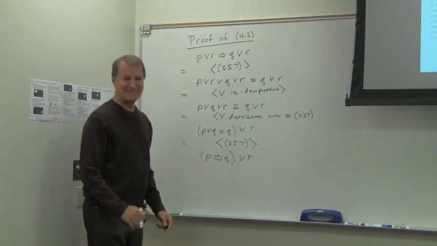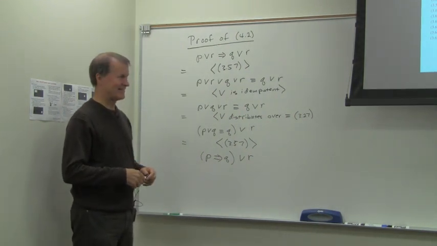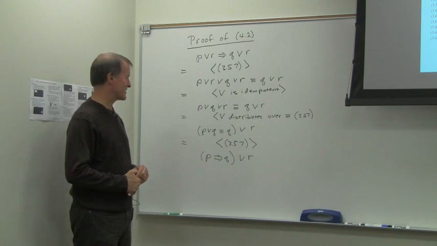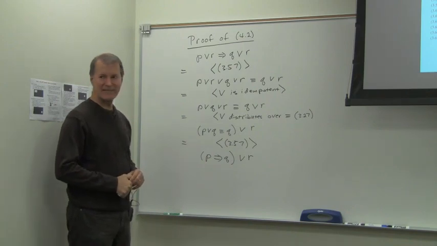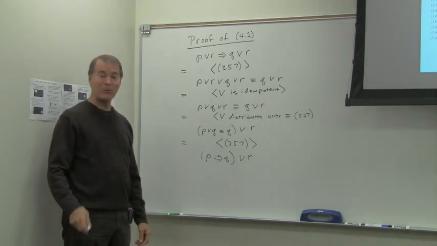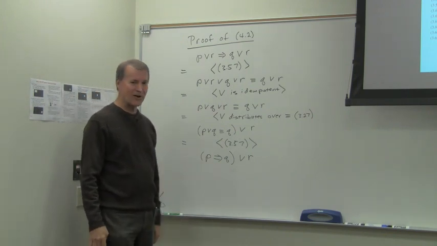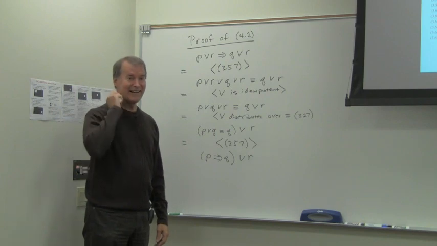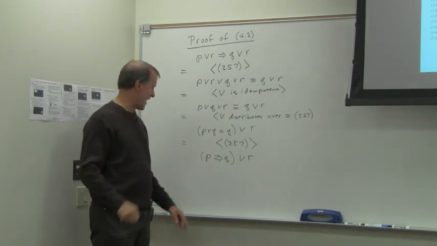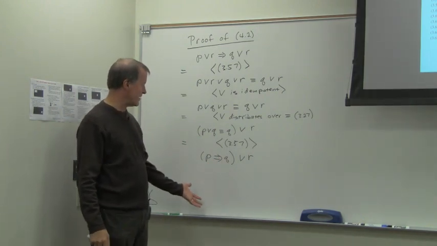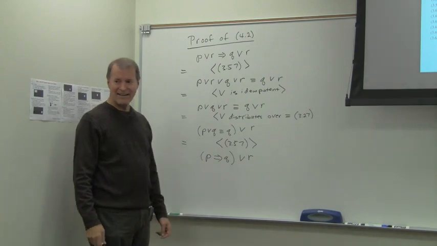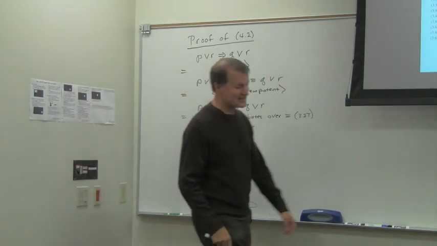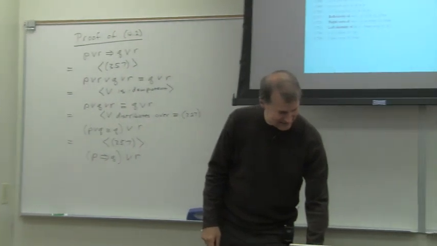No idea. What do you think the next step is? You just get rid of the or R. Good question. How do you get rid of the or R? Because what we want this to be eventually is 3.69. What is it? P or Q implies.